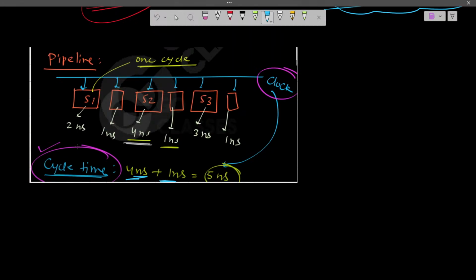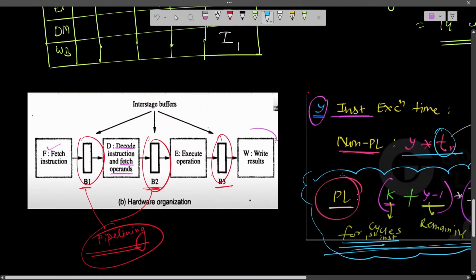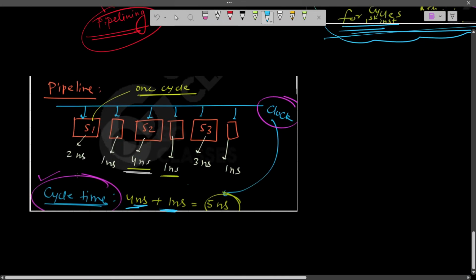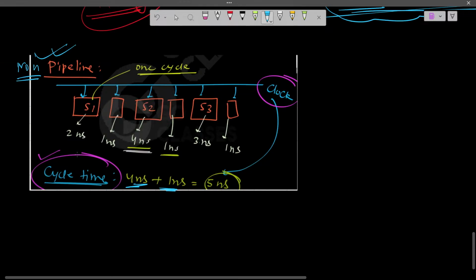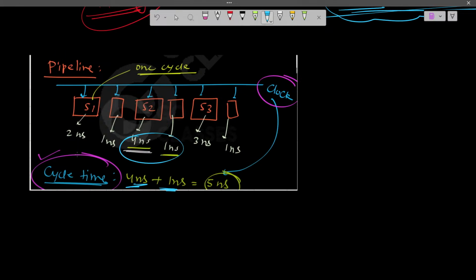Can you guys see? Because I told you whenever there will be overhead, we'll add it in case of pipelining. If it was non-pipeline, in that case we will just take the sum of these and ignore the overhead. But as it is a pipelining case, we will have to take the overhead.